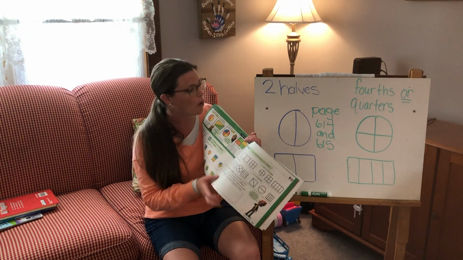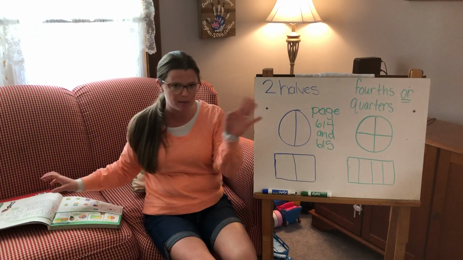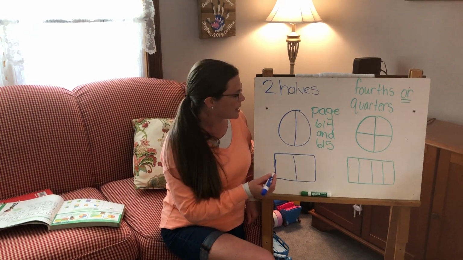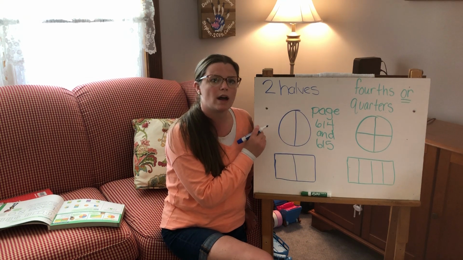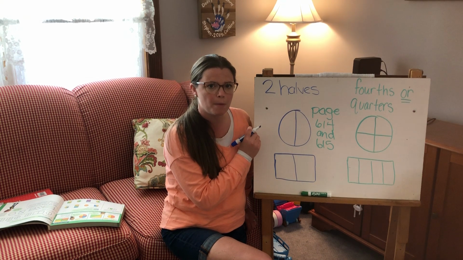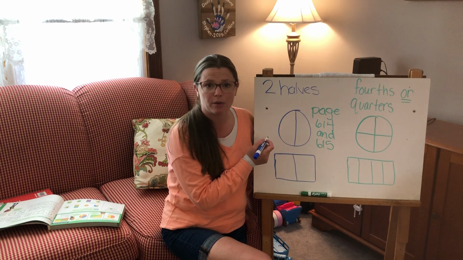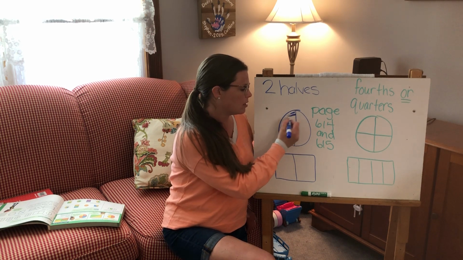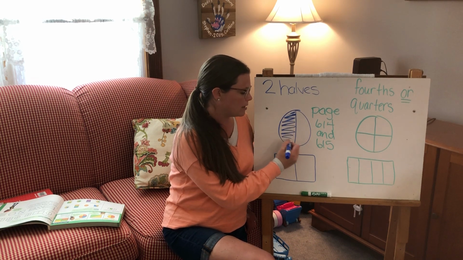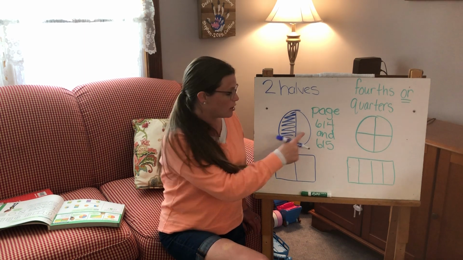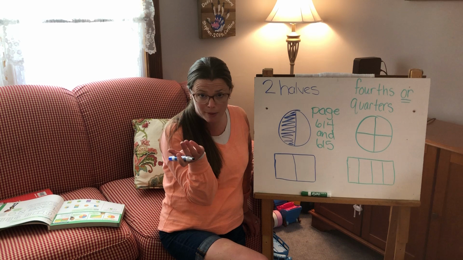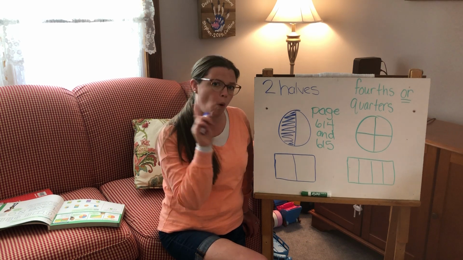I just want to go over really quick. I meant to do this when I was doing my lesson. So if I'm coloring this circle 1/2 blue, I would go ahead and color in one side, right? And it doesn't matter which side you pick. So I could have picked that one and my answer still would have been right. Okay, so as long as you pick 1/2.